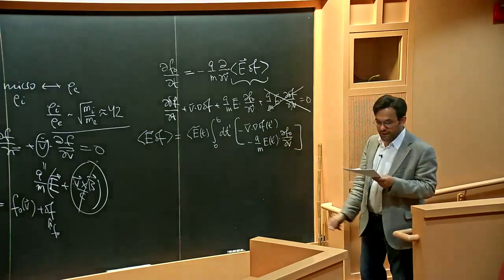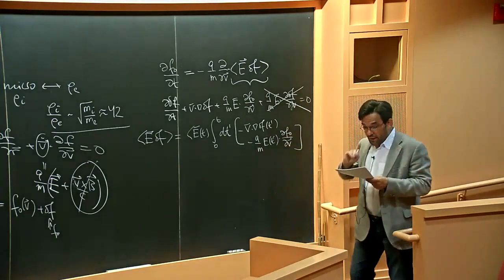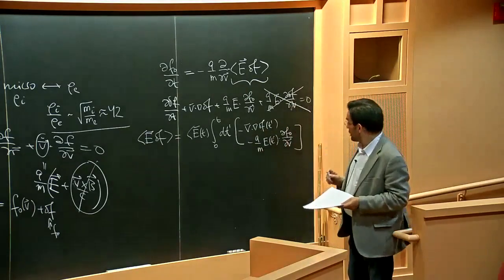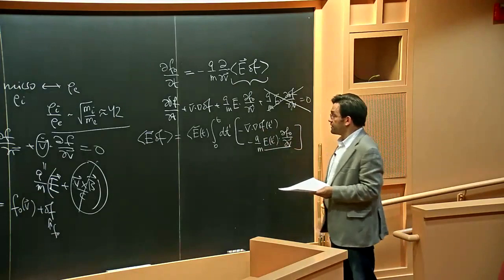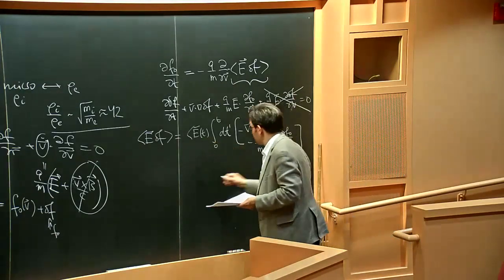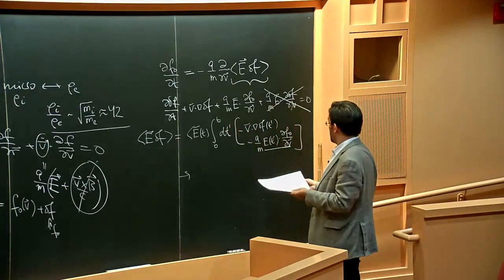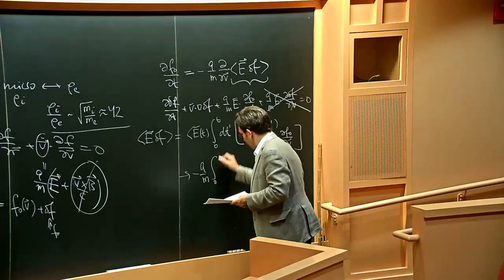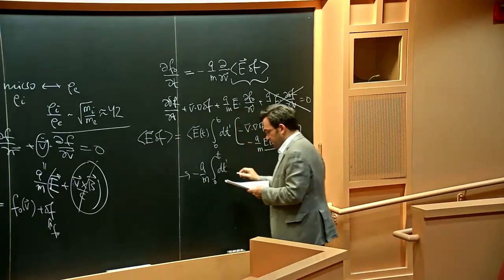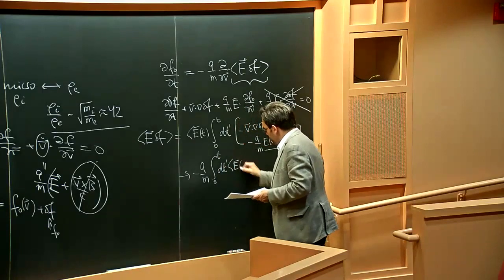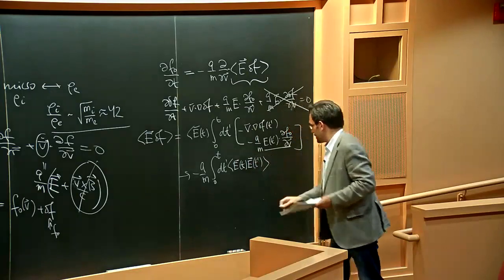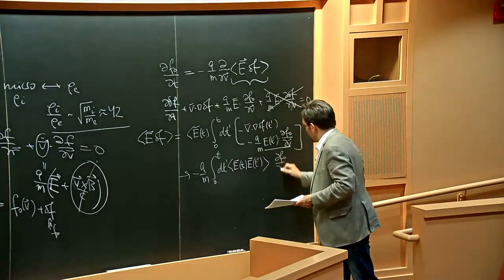Now I have two terms here, both of which again have meaning. First, let me look at this one here. This term will produce minus q over m integral 0 to t dt prime E of t prime times dF naught by dv.